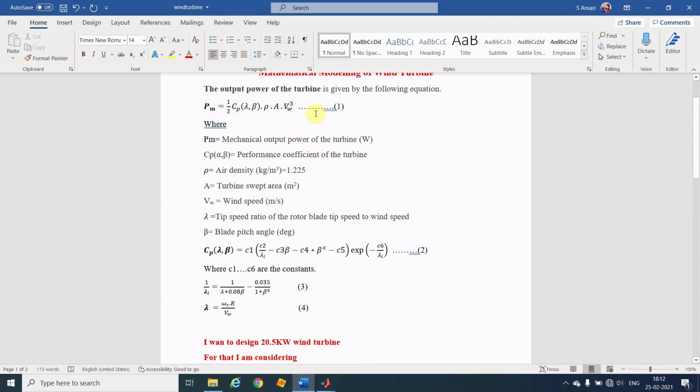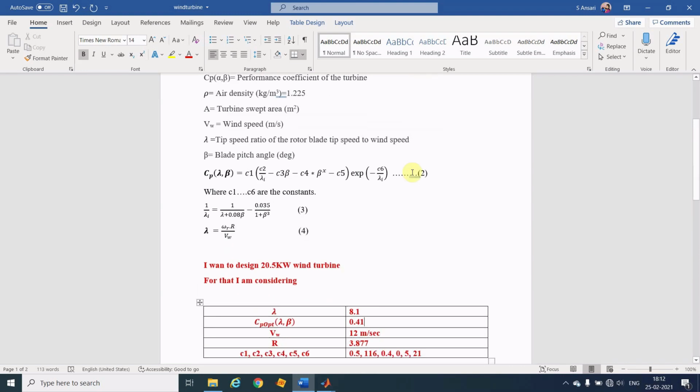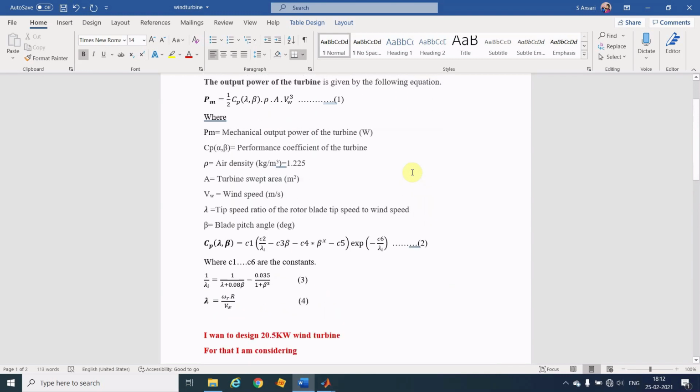So in equation 1, if we put all these values, then for 20.5 kilowatt we get the radius as 3.877. And these are C1, C2, C3, C4, C5, C6; these values have been taken to obtain the 0.41 Cp optimum value. So with all this data and these equations, we will model the turbine in Simulink.